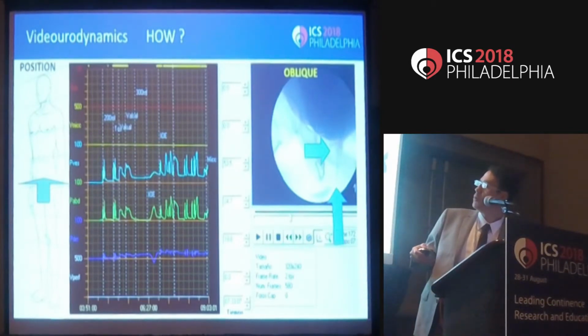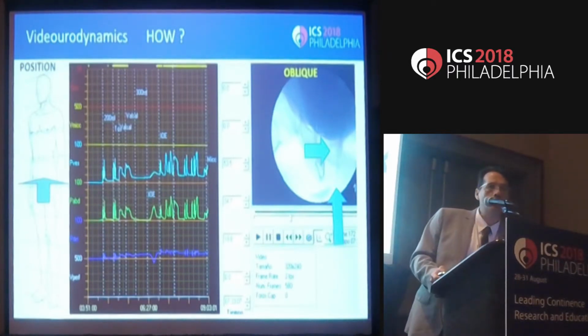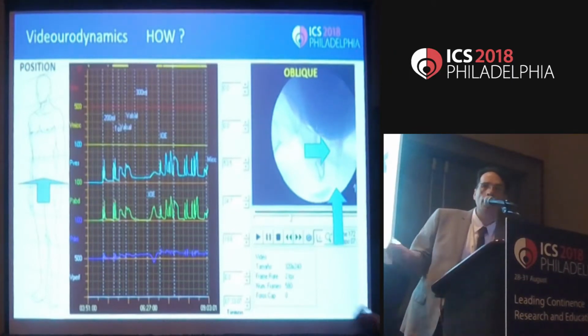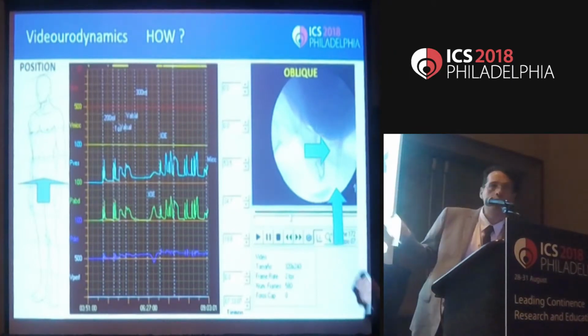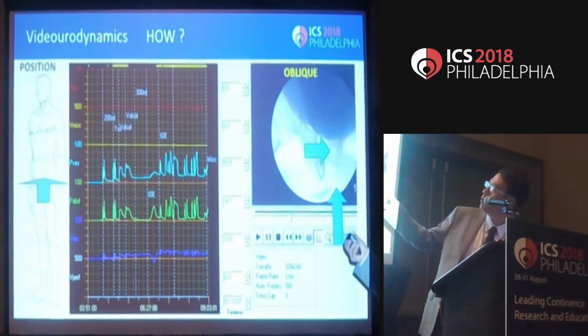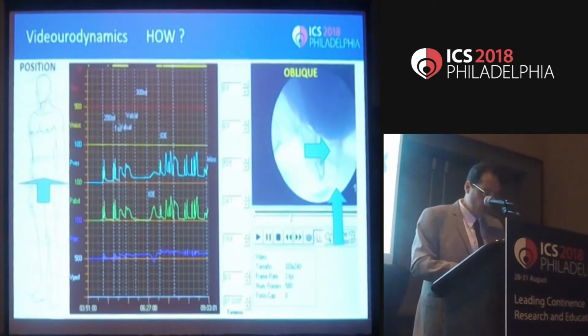When you get to the standing position, you have to use a drain pipe to obtain the liquid, and then a long pipe to the flow meter. So you have a time lapse between the incontinence and the mark of the incontinence on the uroflowmeter. But you can get the images as well, so you can see the time of the first leakage. So it's important because you have images.